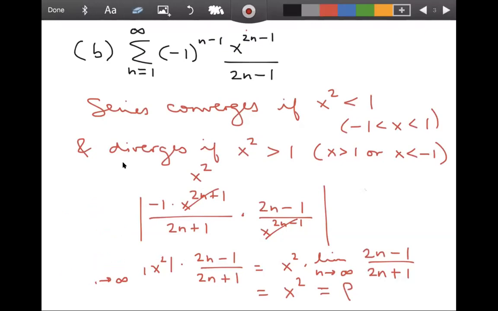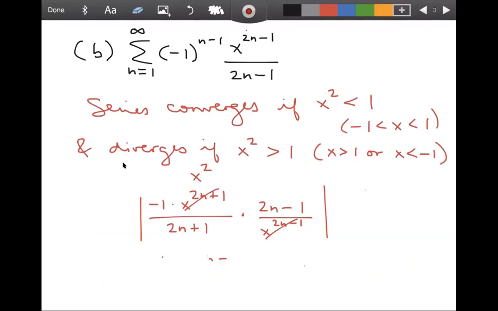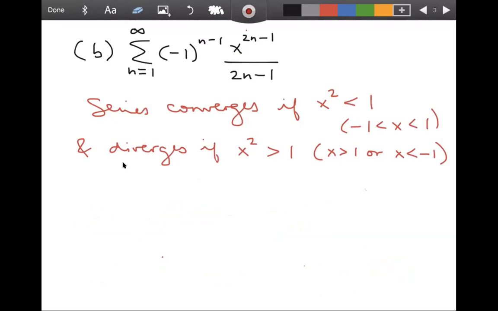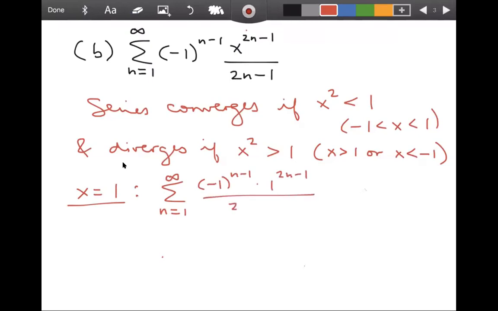So let's get rid of all of this. And we'll start with x equals 1. When x equals 1, you get the sum n going from 1 to infinity, negative 1 to the n minus 1 times 1 to the power 2n minus 1, which is always going to be 1, over 2n minus 1.